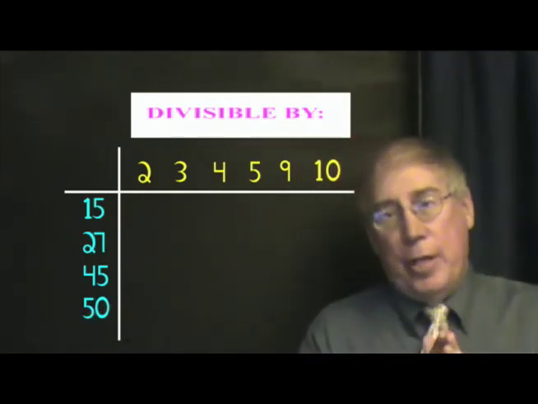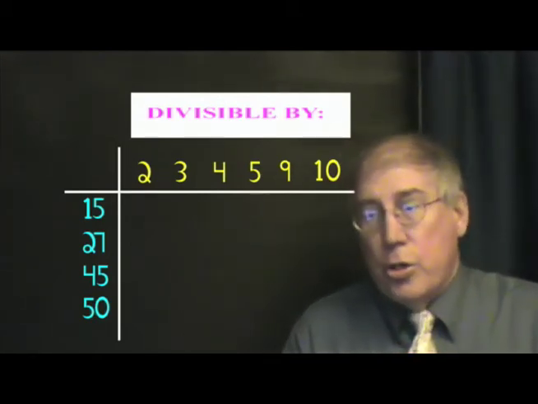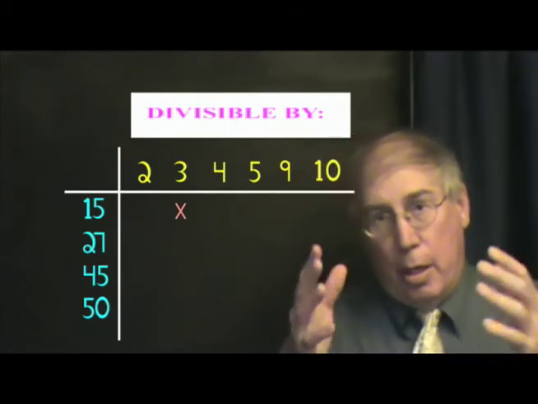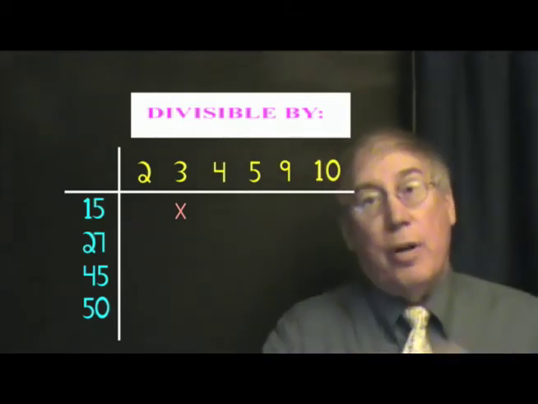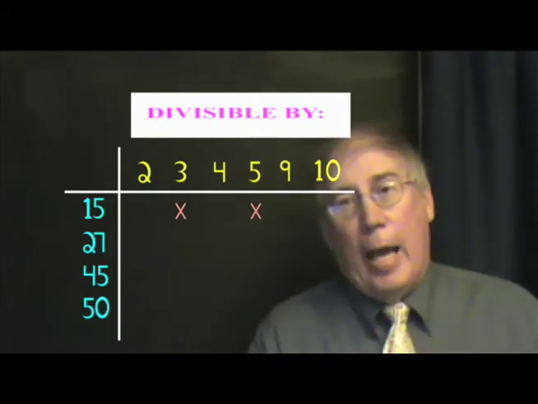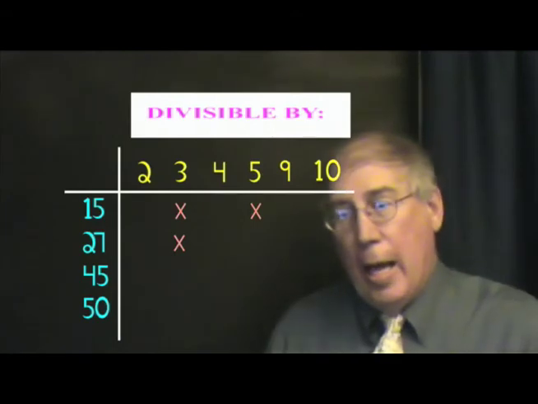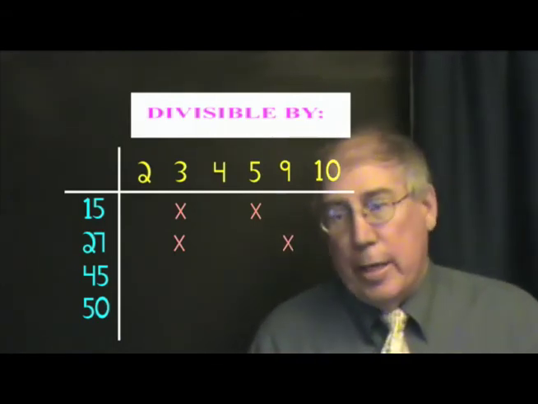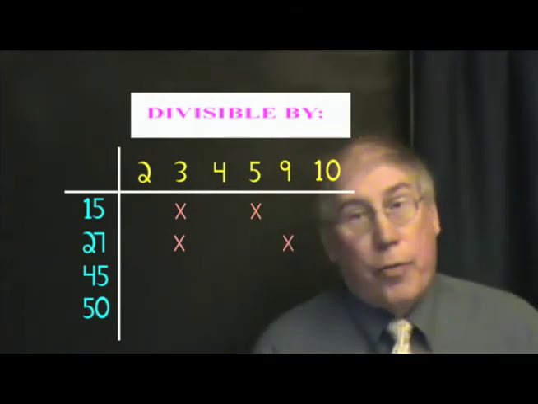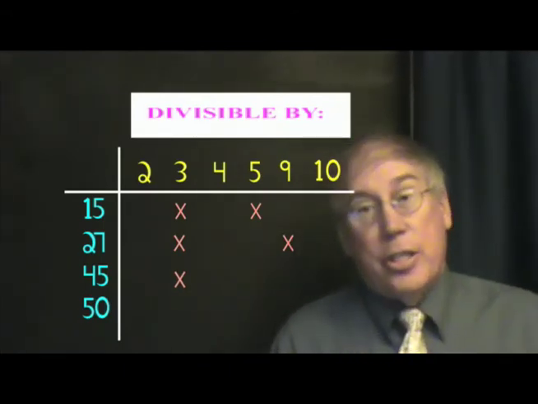Now if you take 15, if you add those 2 digits together, you get 6. So 3 will divide into 15, and it ends in a 5, so 5 will divide in there. If you take 27, add the digits together, you'll get 9. So both 3 and 9 will divide into 27. 45, add the digits together, you get 9.